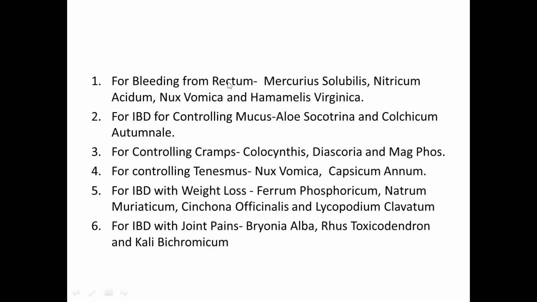At last I will say a few differentiating points between ulcerative colitis and Crohn's disease. In ulcerative colitis the colon is involved, whereas in Crohn's disease the whole GI tract is involved. In ulcerative colitis the inflammation was usually confined to the mucosa and submucosa, whereas in Crohn's disease the inflammation was transmural.